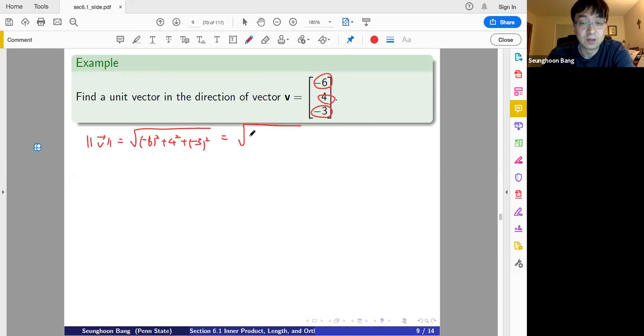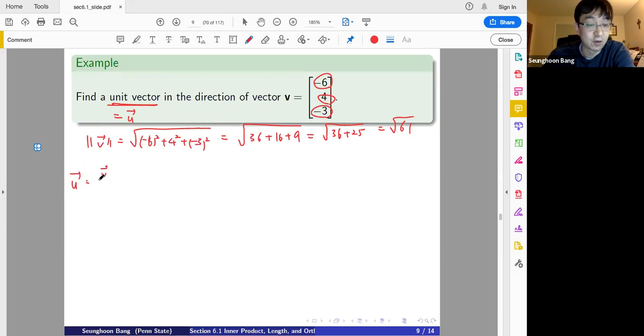Square root of 36 plus 16 plus 9. So we have square root of 36 plus 25, which is square root of 61. So I want to find the unit vector. You can use vector u. What is the unit vector of vector v?